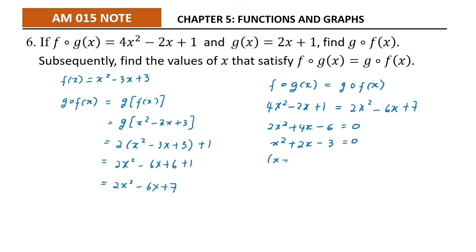Factorize: (x plus 3)(x minus 1) equal to 0, therefore x equal to negative 3 and x equal to 1. So the values of x that satisfy the equation are x equal to negative 3 and x equal to 1.